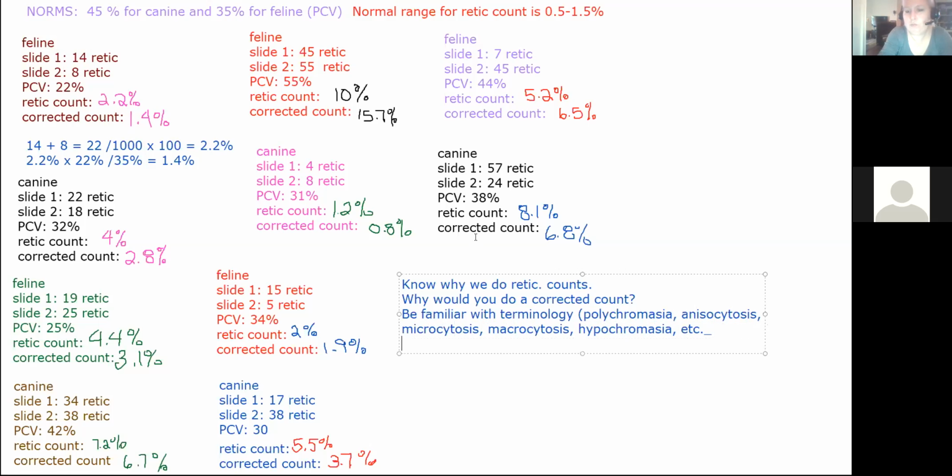Also, be familiar with causes of certain anemias.